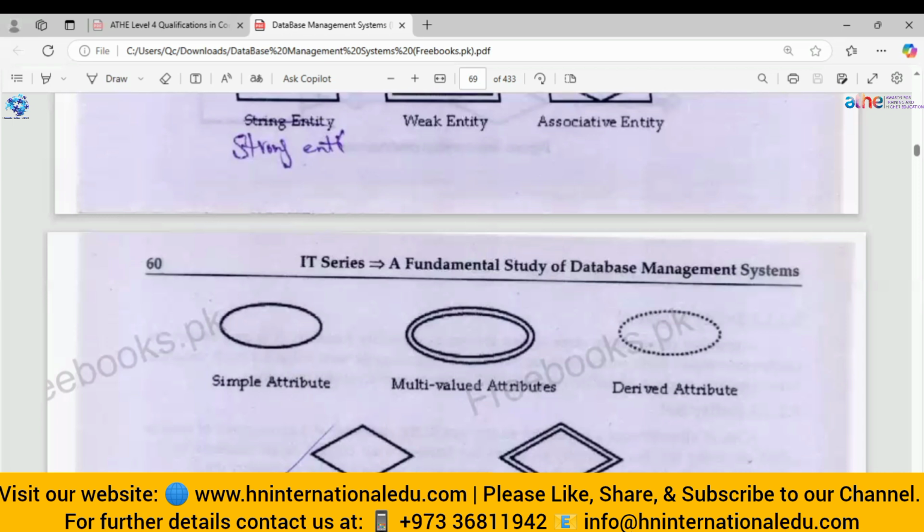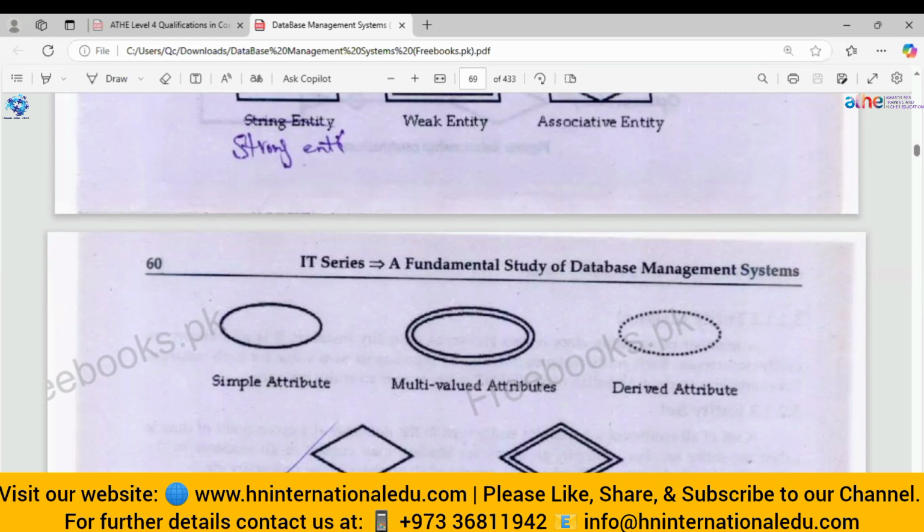These are your skills, meaning you have multiple properties, more than one. A good example of a multi-valued attribute is skill. A person can have more than one skill. So that is your multi-valued attribute.